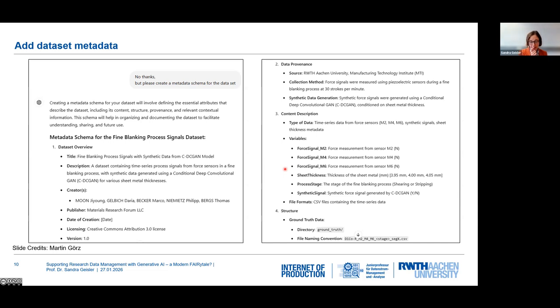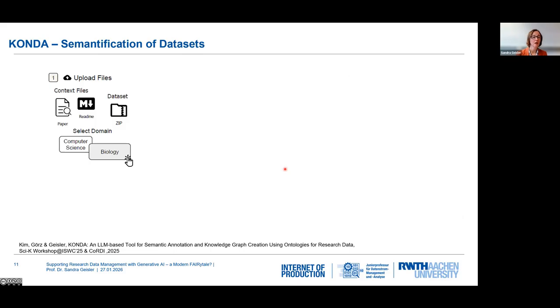And here we said, okay, we need a better and a more fine-granular way to go through that process of enriching a data set with metadata. And hence we thought about a tool which goes through that process of annotating data sets with metadata, taking also into account context data as we have seen it before.